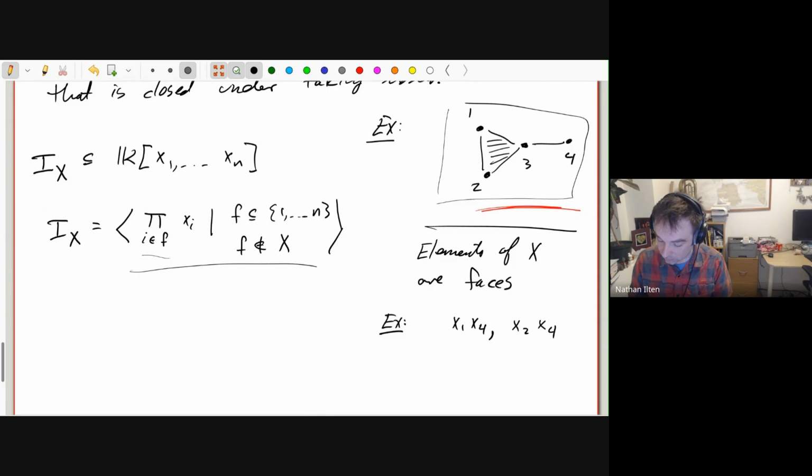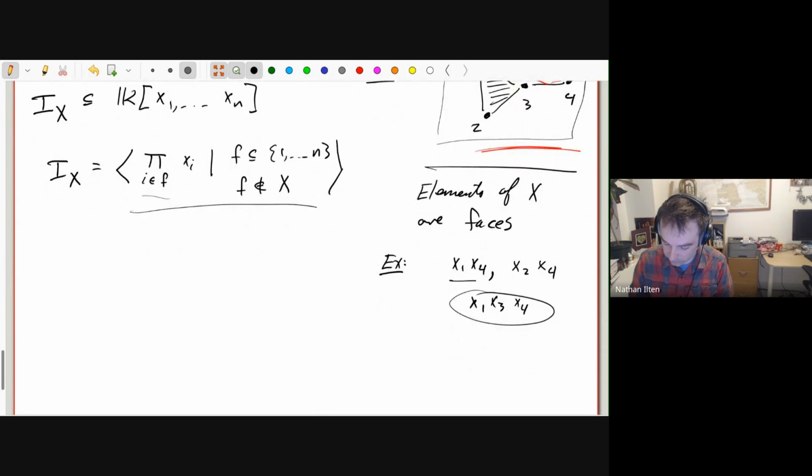The set 1, 3, 4 is also a non-face, and so in my ideal I would also get x1, x3, x4. But we see that we actually don't need this one because this is already generated by x1, x4. So if I want to take a minimal generating set, I need to look at the minimal non-faces of my complex and take the corresponding monomials.